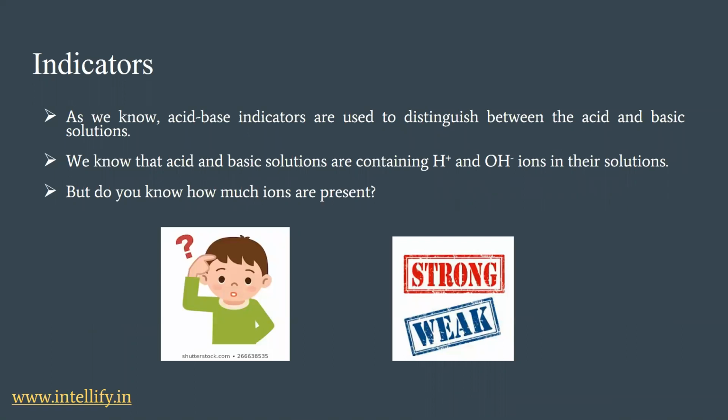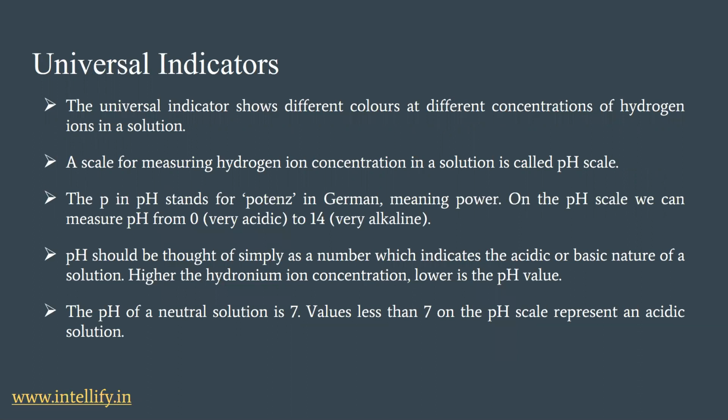Indicators. As we know, acid-base indicators are used to distinguish between acidic and basic solutions. We know that acidic and basic solutions contain hydrogen and hydroxide ions. But do you know how many ions are present, or how strong or weak an acid is?